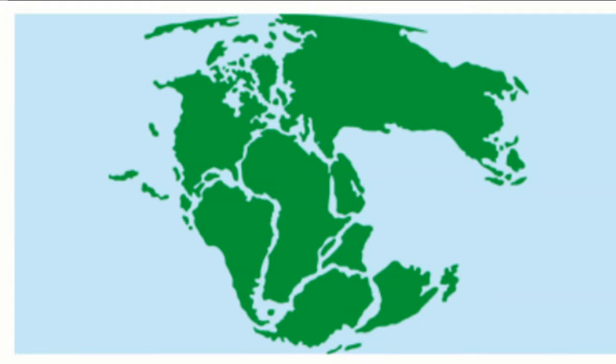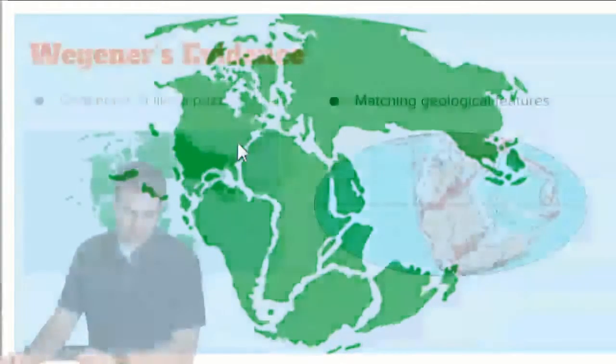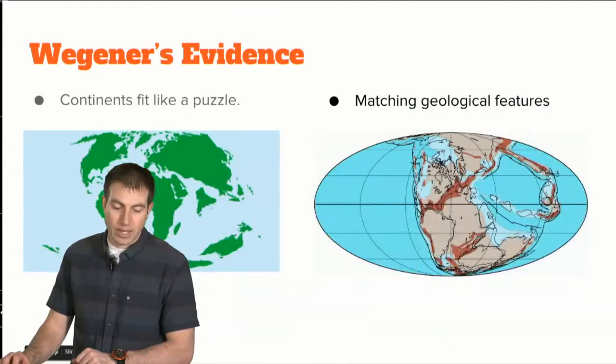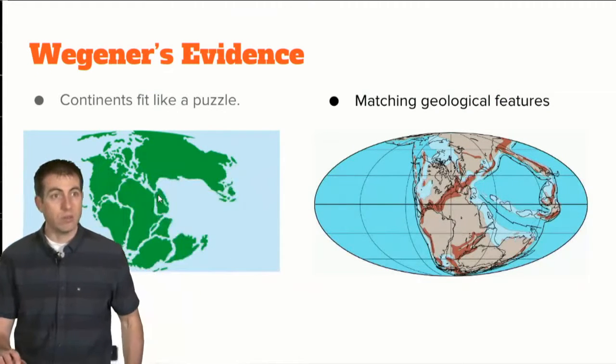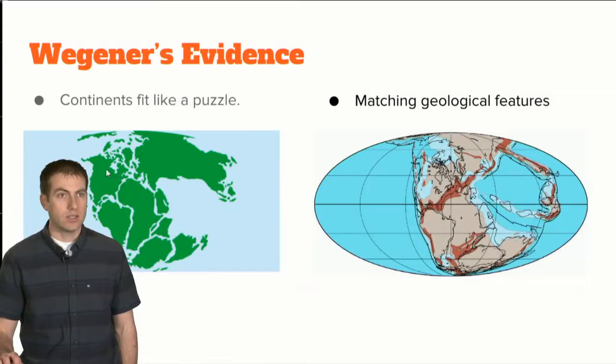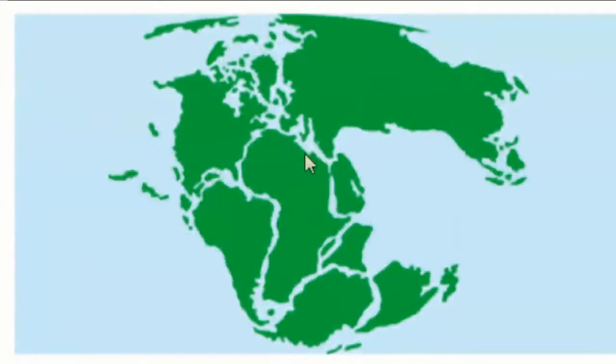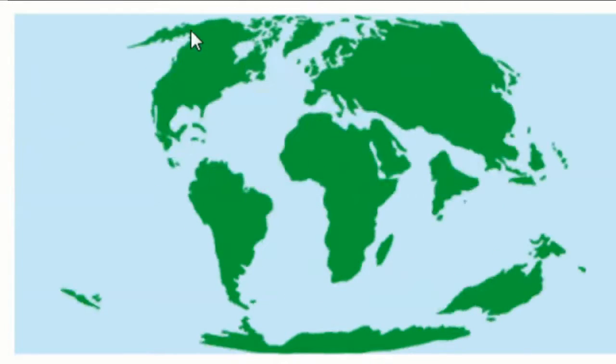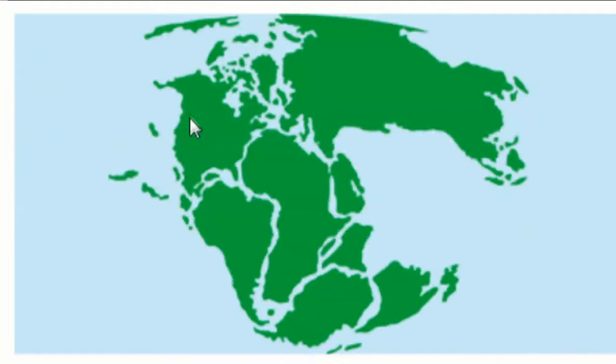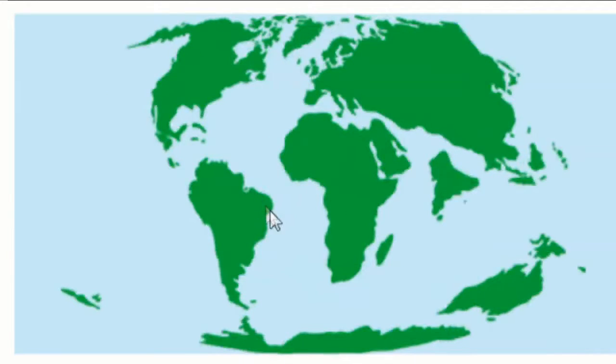The big three are North America, South America, and Africa. They fit together really well, like pieces of a puzzle. The outline of North America on this coast fits really well with the top of Africa. This bottom part of Africa fits really well with South America.